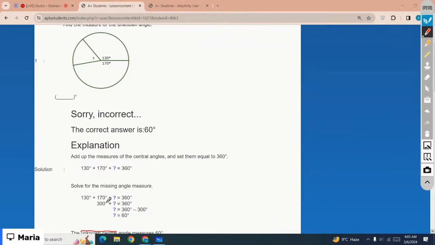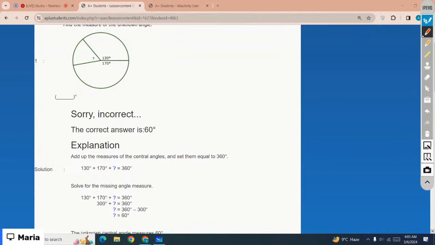Add 130 and 170, that is 300. Subtract 300 from both sides, so you are left with 60 degrees. That means the missing angle is 60 degrees. So the sum of all the angles in a circle must equal 360 degrees, right?